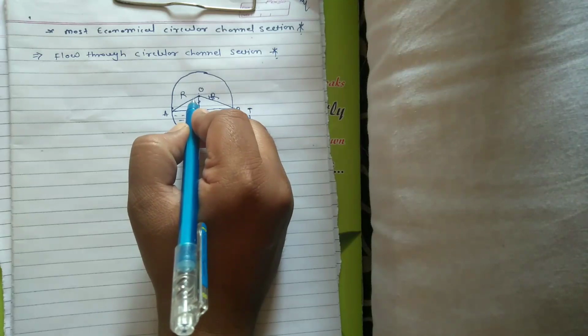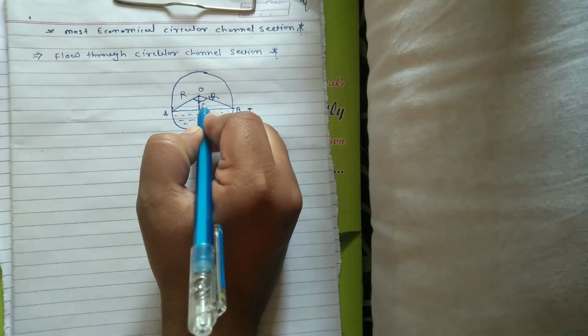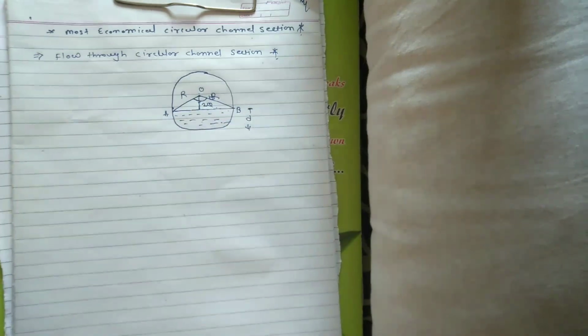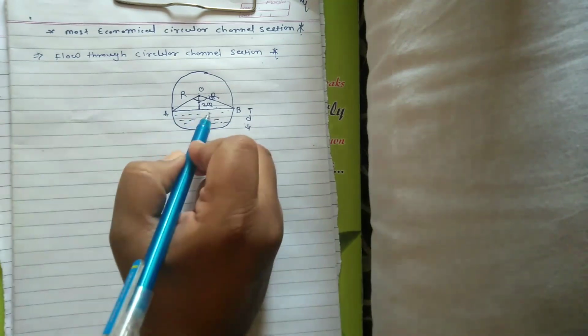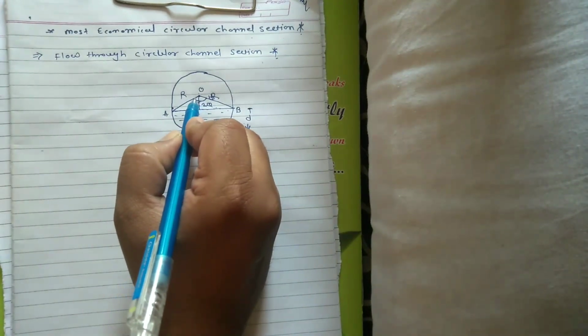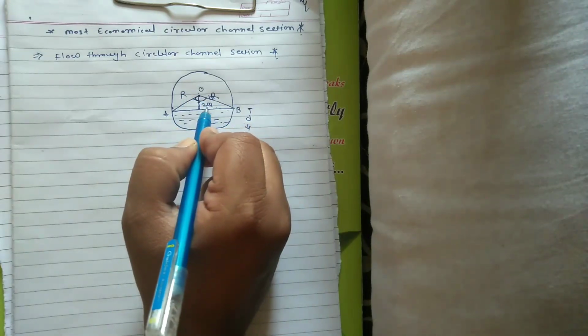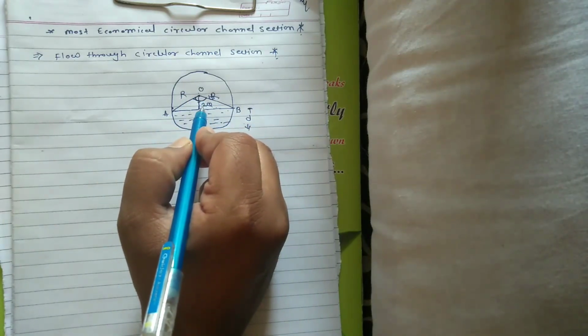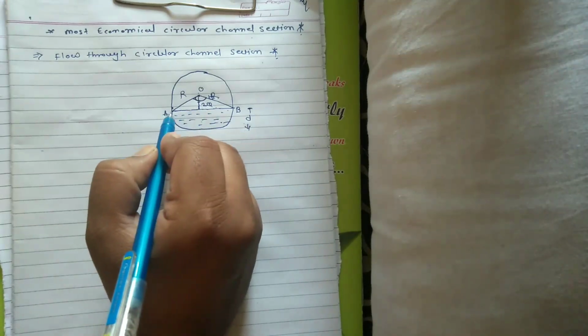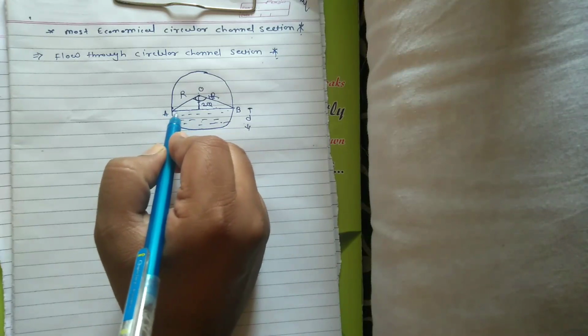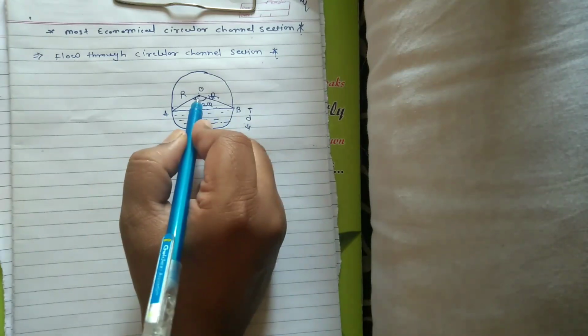And this angle is 2 theta. What is this angle? That is 2 theta. This total angle AOB is 2 theta. This angle is the angle subtended by the water free surface AB at the center.